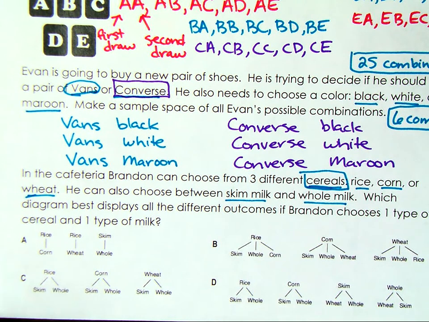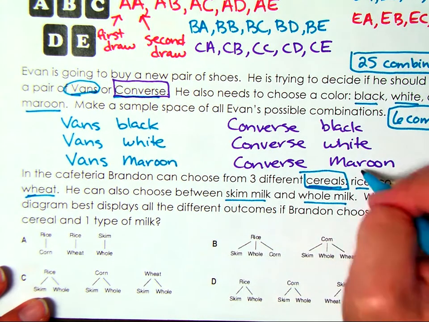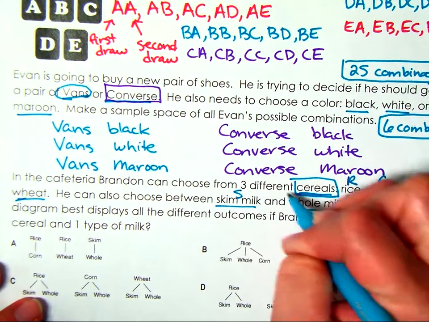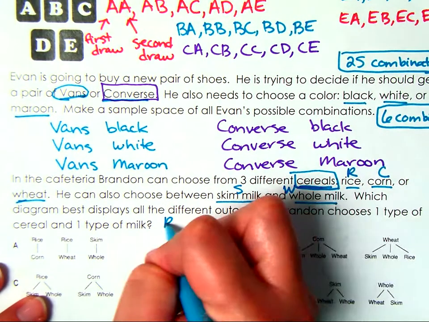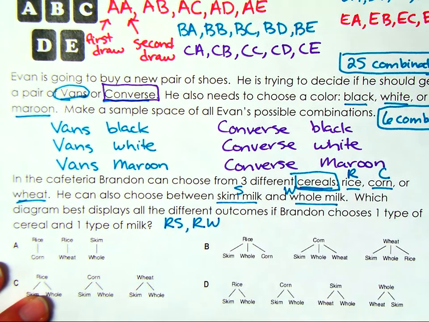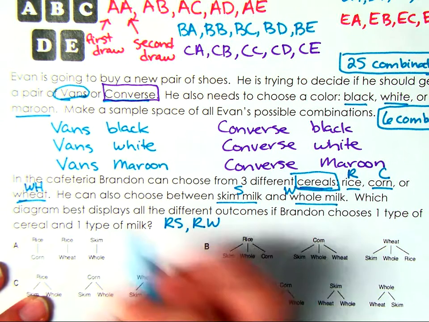So if you think about it, we need to see which one of these is going to be working. You could make a sample space, and you could say, I'm just going to abbreviate rice and corn, and then S and W. So we could do rice with skim milk. We could do rice with whole milk. Oh, and then we have wheat. I'll do that as WH.